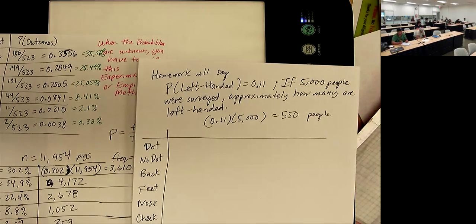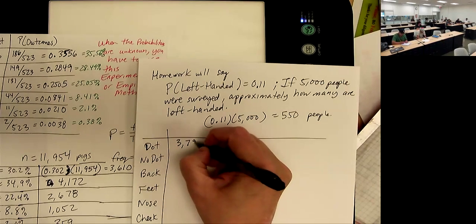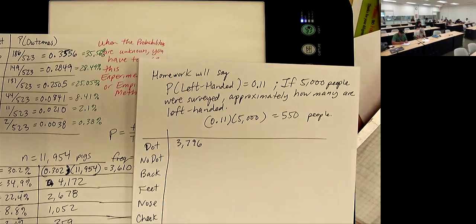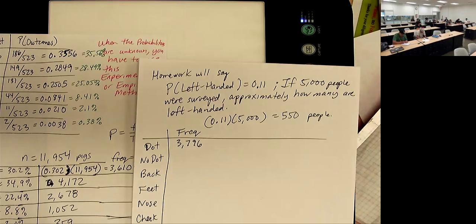So for dot, they had 3,610, we had 186. I'm gonna put down 3,796 here for the total frequency. And I'm just adding our number to their number on each category.